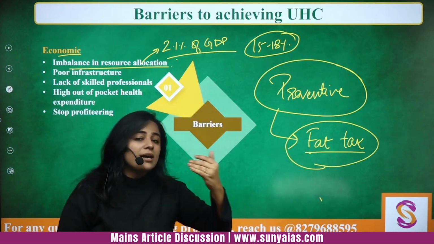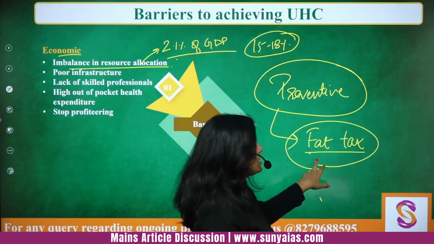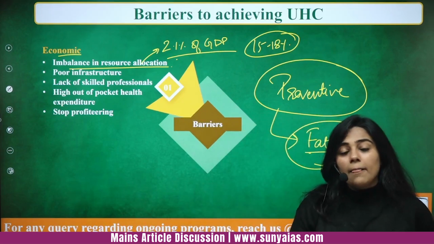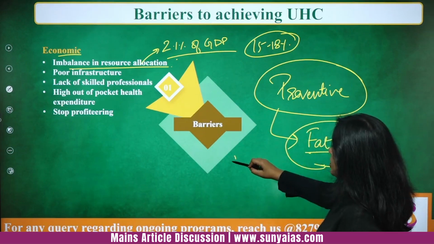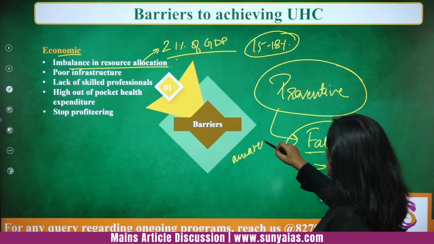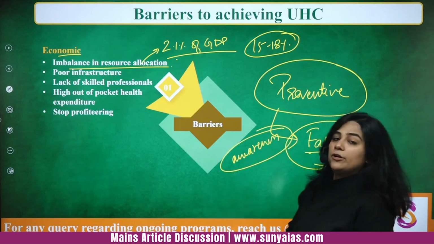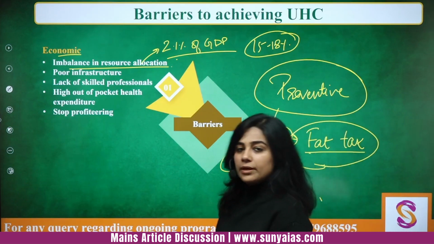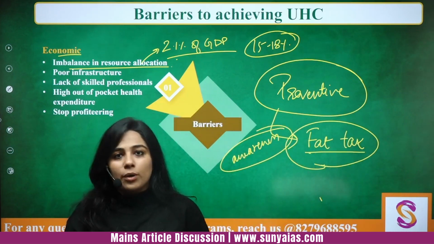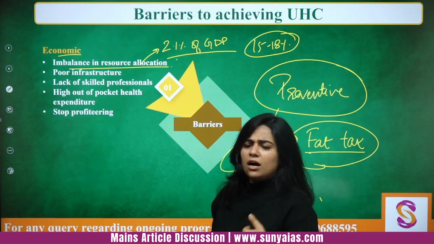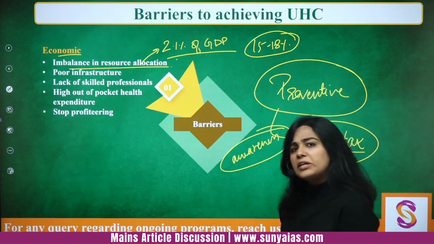And the extra revenue that is coming out of these fat taxes will be used in generating awareness that please don't have these kind of things. So it's all a cycle, and it is very doable, and we have started doing it. Eat Right movement is there, Fit India movement is there.